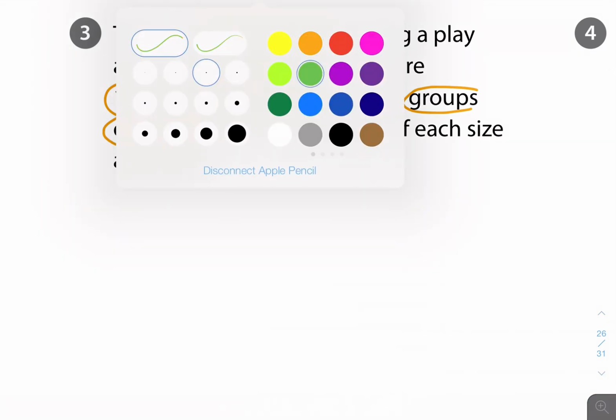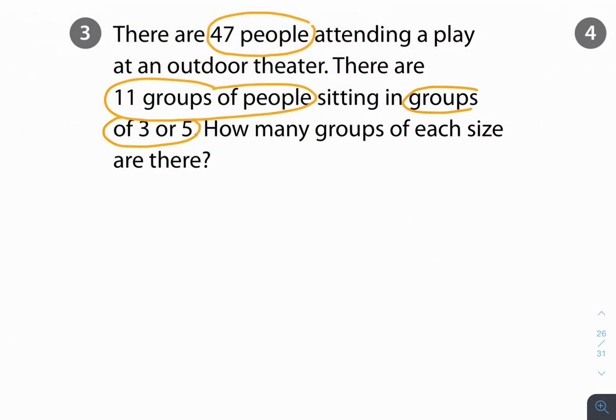Now I want to box any key terms. I see that this groups part is very important to us, right? So why are they specifying that we're talking about groups here? Well, if I have 11 groups of people, that's a total amount of groups.